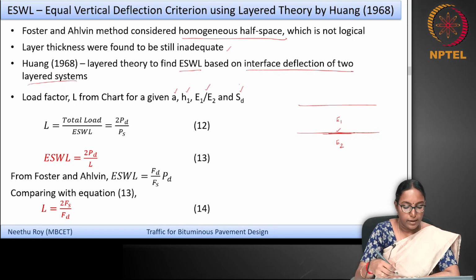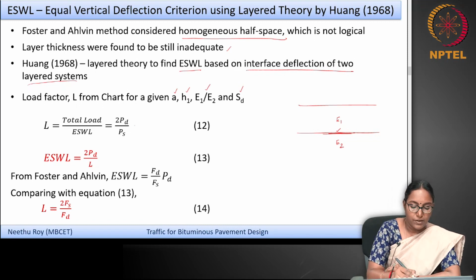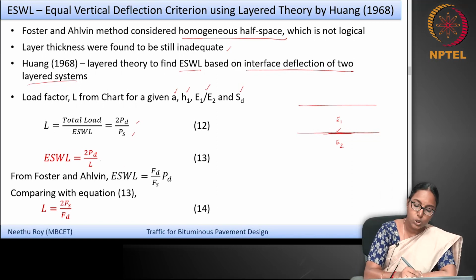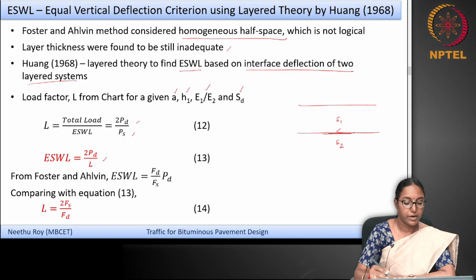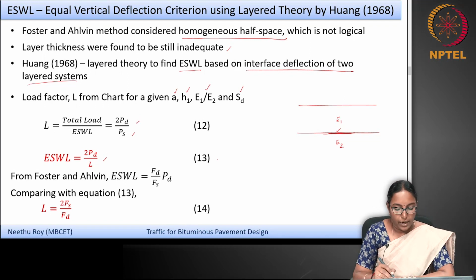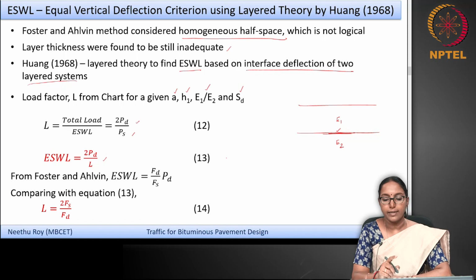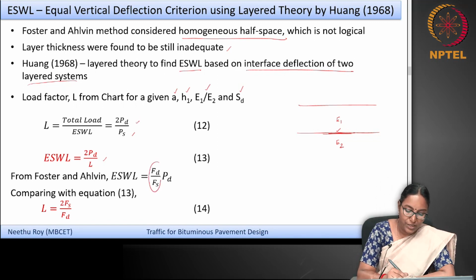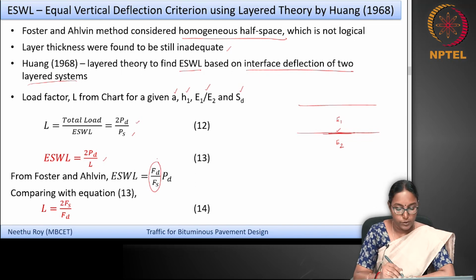Okay. And then the load factor is given by the total load divided by the single wheel load, or the equivalent single wheel load can be denoted as twice the total dual wheel load divided by the load factor. Now, from the Foster and Ahlvin equation, we know that the equivalent single wheel load is the deflection factor for dual divided by the deflection factor for single into PD.